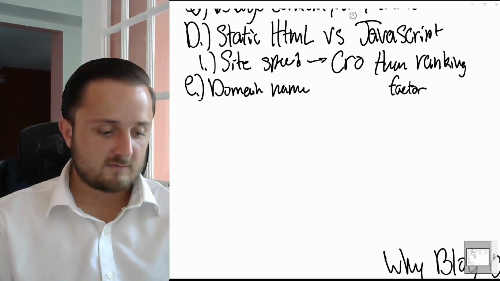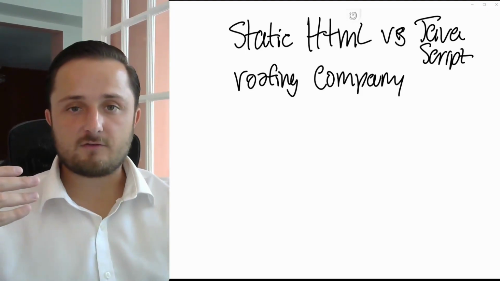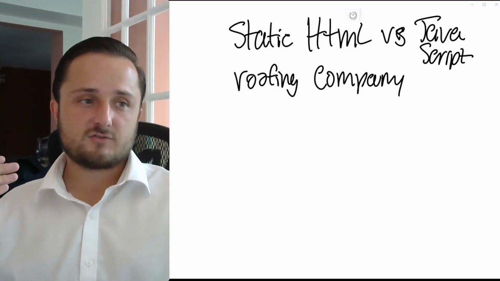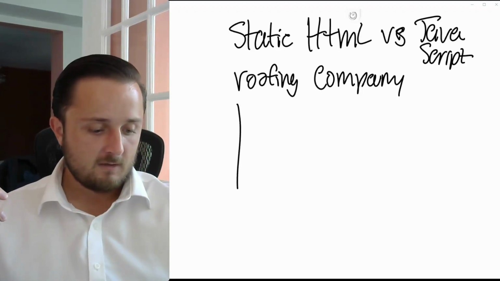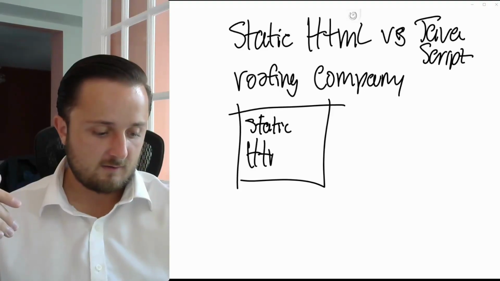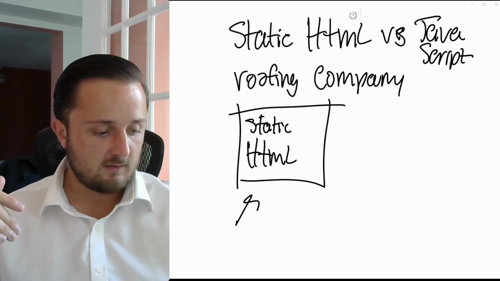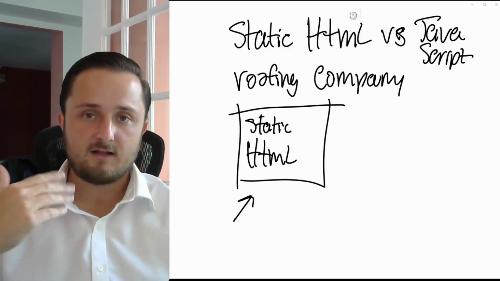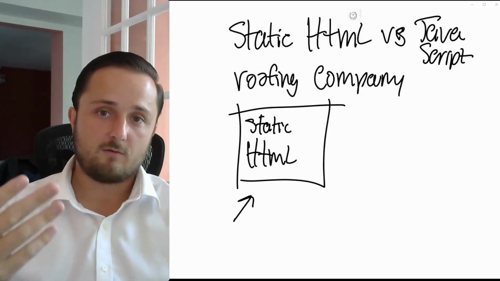So now we're going to talk about static HTML versus JavaScript. Having your site be static HTML versus JavaScript for a roofing company, what you need to be aware of is that when you're static, every time Google comes by to crawl your site, basically crawling is looking at all of the content on the site to get an understanding of, okay, what is this website about, right?